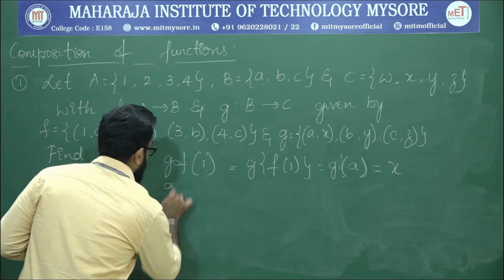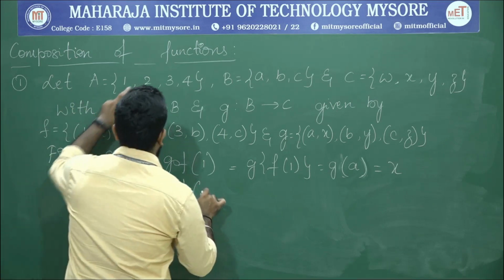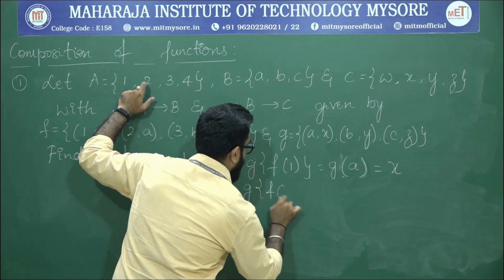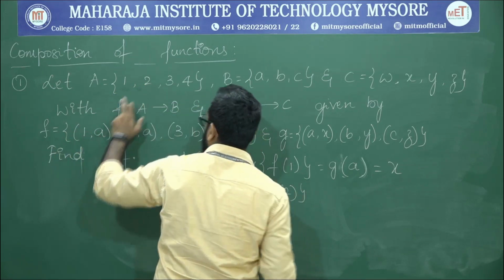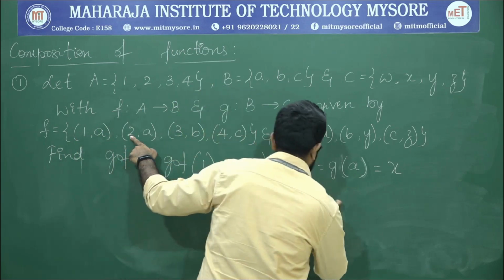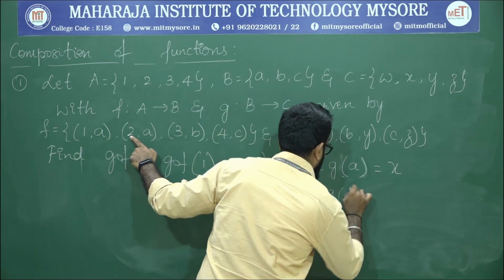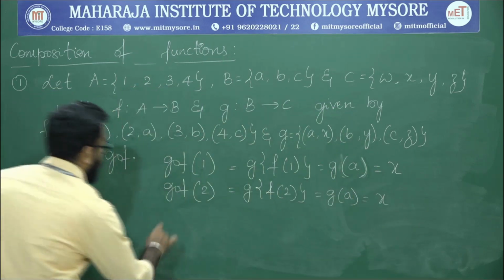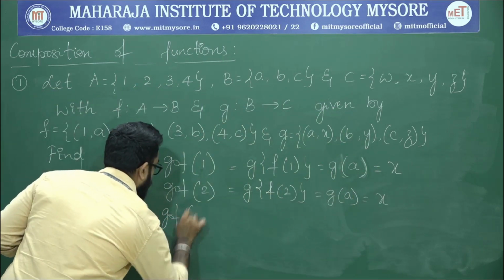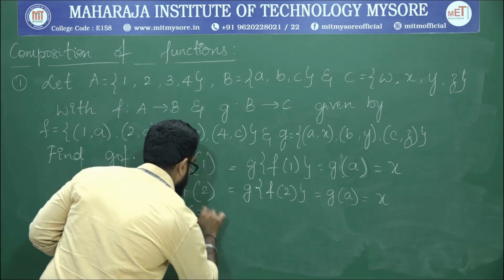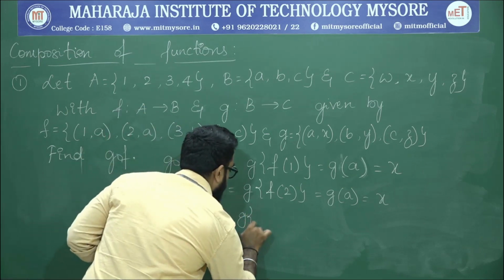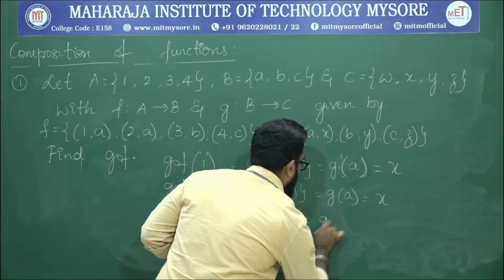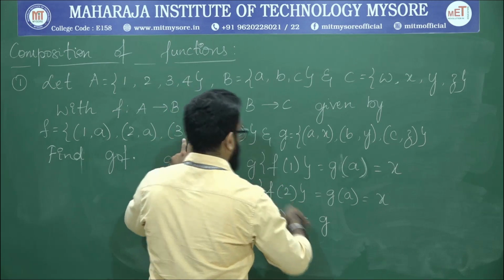Similarly, for the remaining elements, GOF of 2 is equal to g of f of 2. What is f of 2 by the definition of f? It is a. So g of a, which is in turn equal to x again, right? Now GOF of 3 is equal to g of f of 3, which, by the definition of f, 3 is mapped to b.